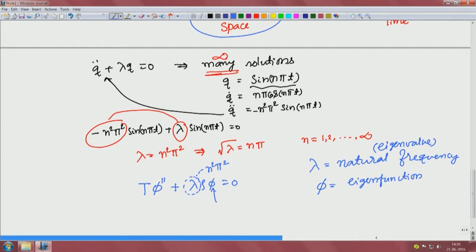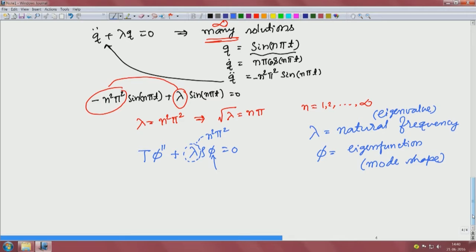Any word that has eigen as a prefix has to be written together. Eigenvalue is not two words, it is a single word. Eigenfunction, eigenmode, whatever you say is a single word with what follows. Eigenfunction, or what we call in vibrations mode shape, natural mode shape or normal mode shape. We get all of those here.